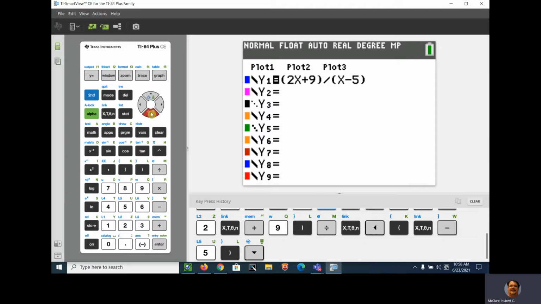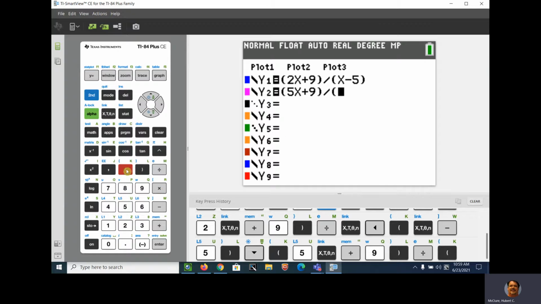And then the inverse is 5x plus 9 divided by x minus 2.